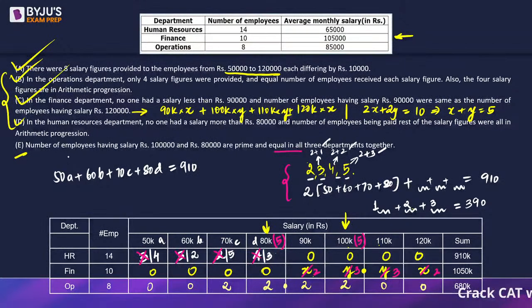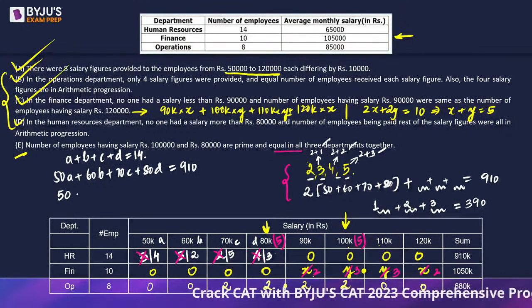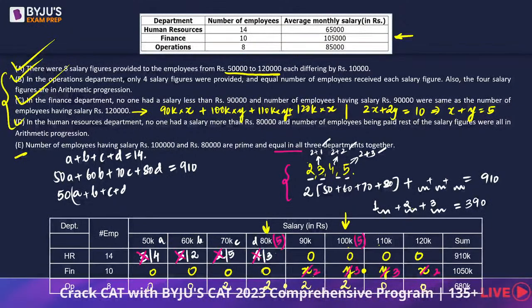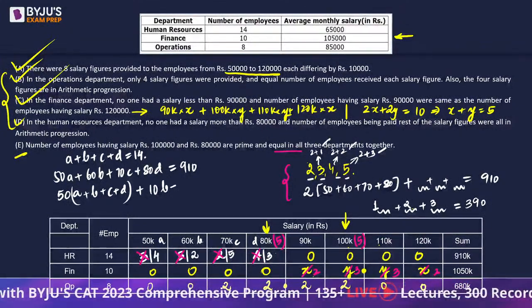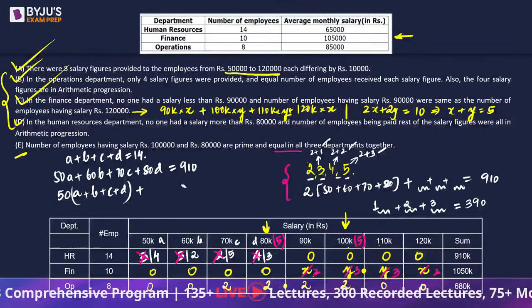And we are also given that A plus B plus C plus D, this is 14, right? So what we can do is take 50 common. First, let's remove one zero from the previous one, to make it easier.